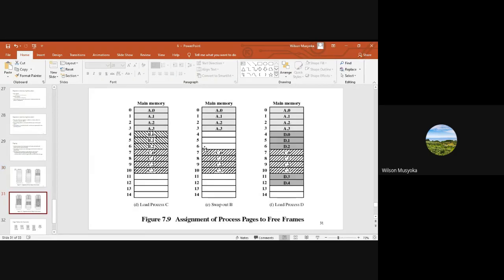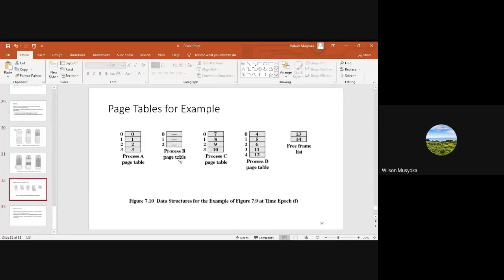And they continue like that. So when we are saying these processes are being assigned to the memory, as much as we are saying a process has been assigned like memory location 0 up to 3, then inside it, there's going to be those chunks which are assigned. And this is how the page tables are going to be looking like.